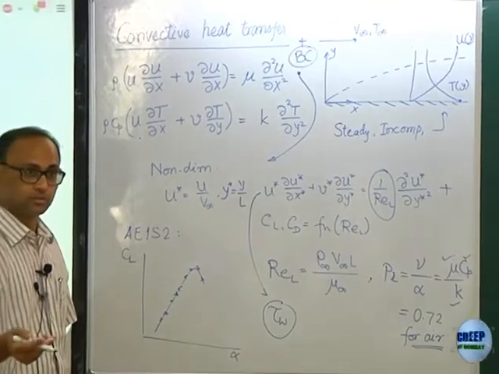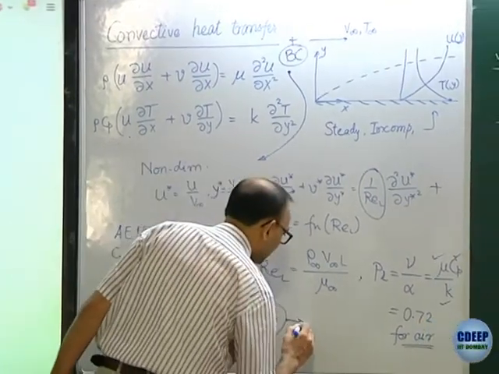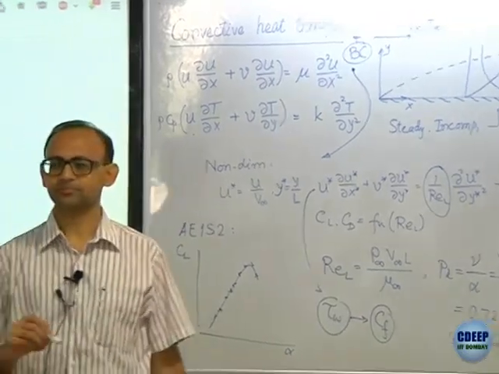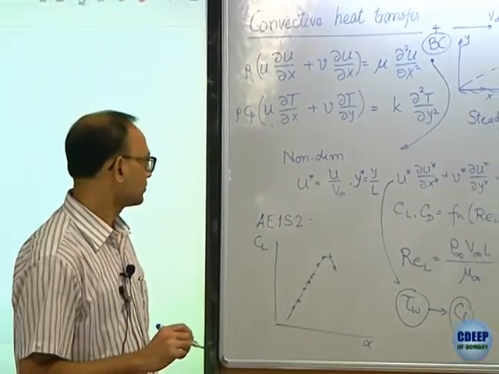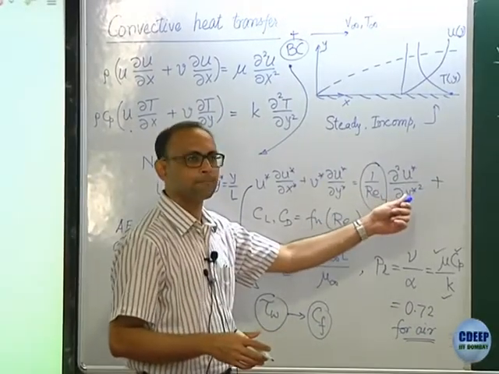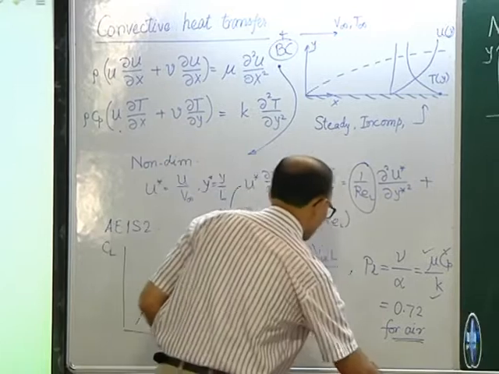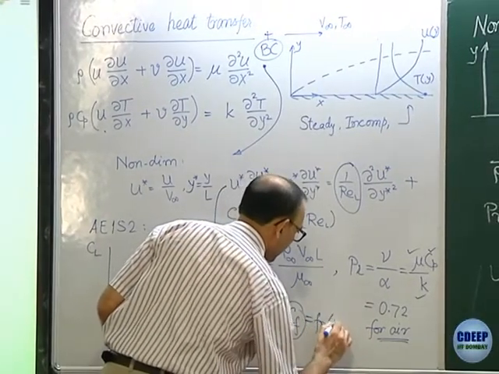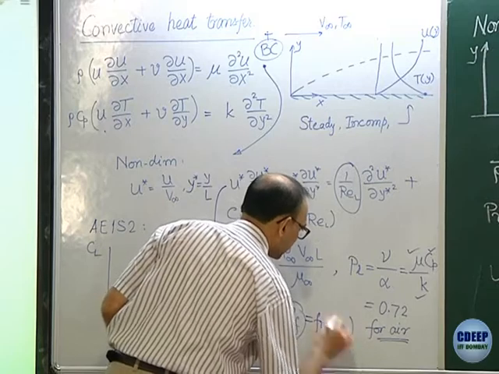That has a dimension. We convert that into a non-dimensional number called CF, skin friction coefficient, right? And skin friction coefficient is a function of Reynolds number. Skin friction coefficient is a function of Re for the time being, let's say.